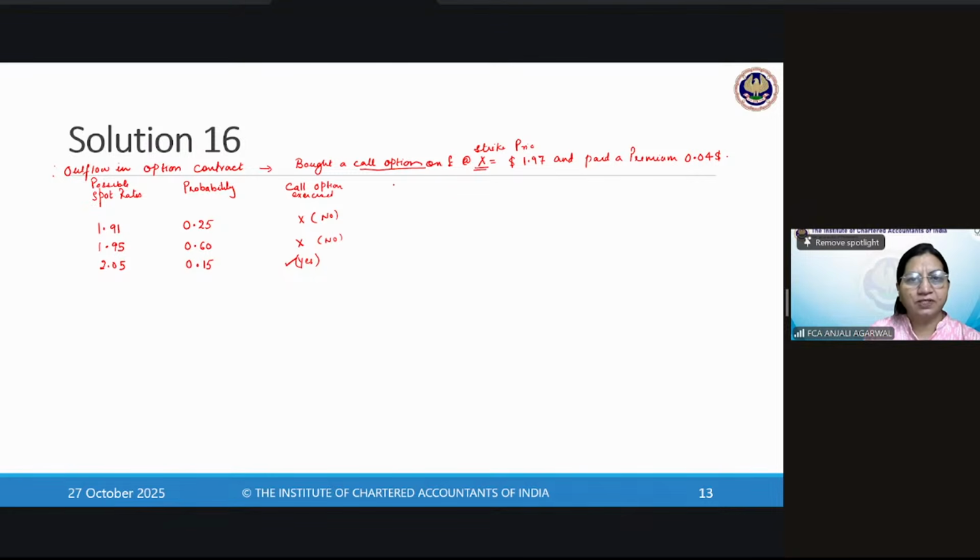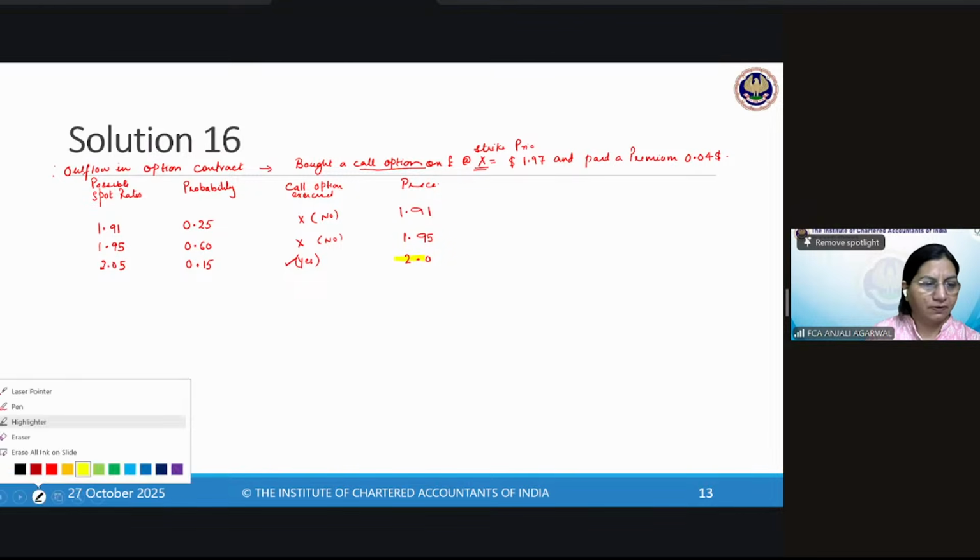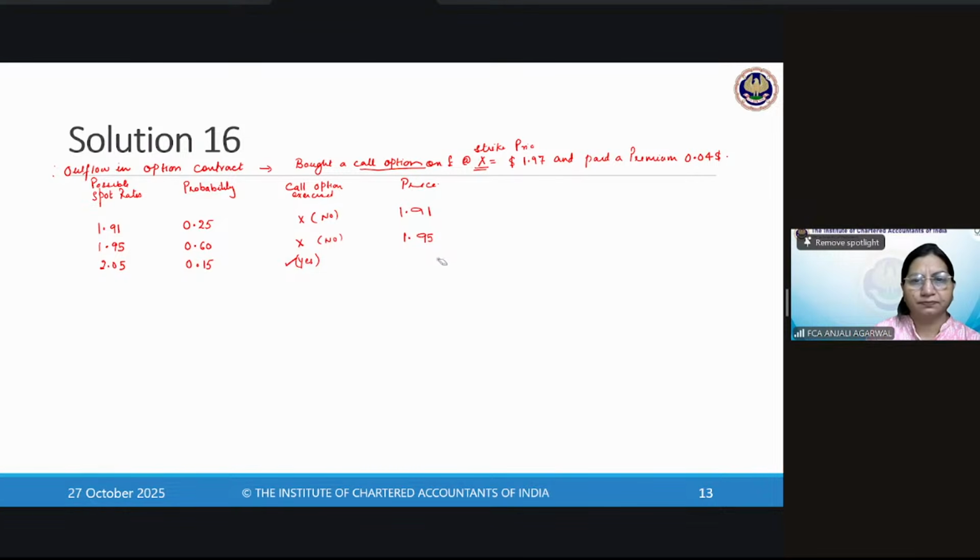So if the call option is not exercised, the price at which the dollars are available to you is 1.91, 1.95, but here they are available for 2.0. We'll ignore the premium here. $1.97.